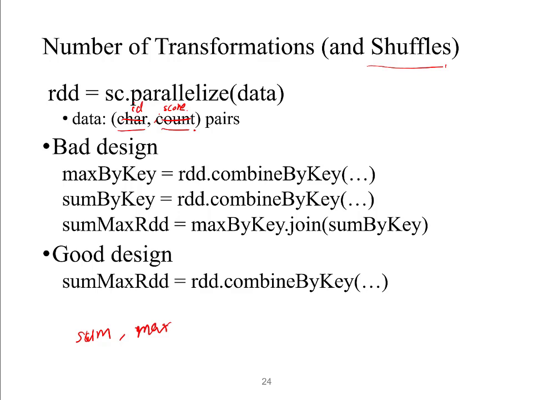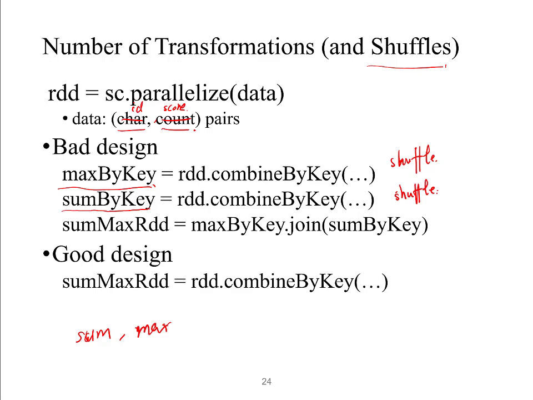Right. So a bad design would be we first get the max by key for this RDD, which requires a combine by key, which requires a shuffle. And then we get a sum by key, which needs another combine by key and brings another shuffle.